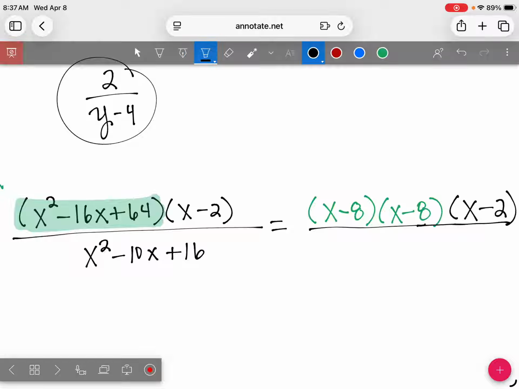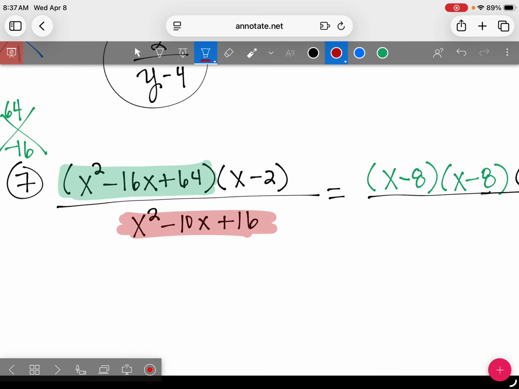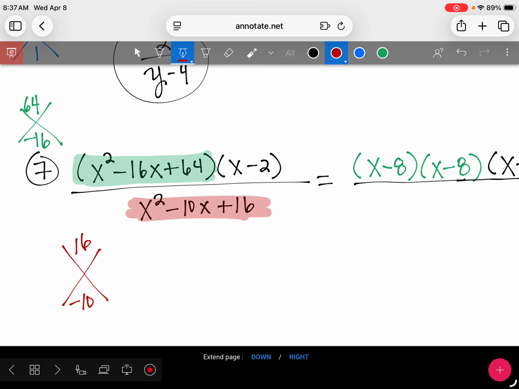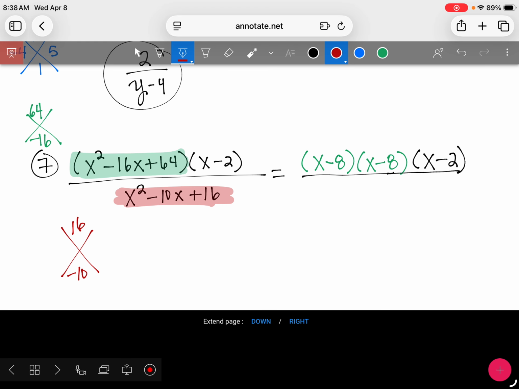All right, take a moment, back to your denominator. So again, two numbers that multiply to a positive 16 and add to a negative 10. That means that we're looking for two negative numbers that multiply to be positive 16, but add to a negative 10.